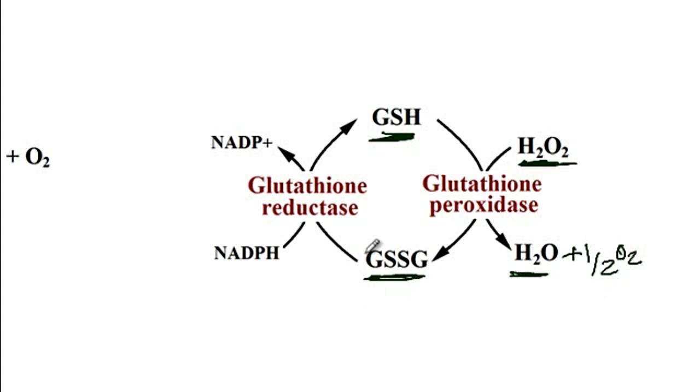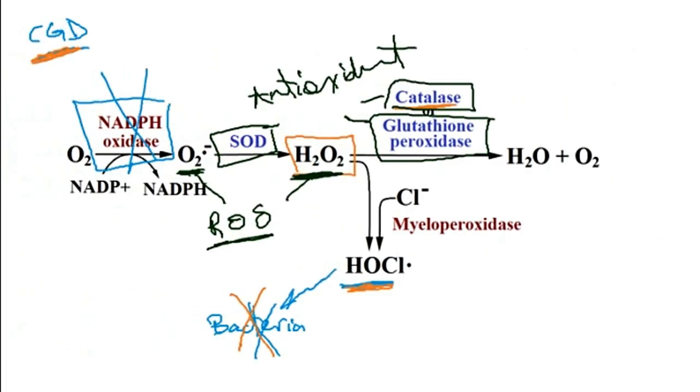And then the oxidized form of glutathione can be converted back into the reduced form via NADPH and the glutathione reductase enzyme. So just to summarize, superoxide dismutase, catalase, and glutathione peroxidase are the antioxidant enzymes that protect the cell components from reactive oxygen species.